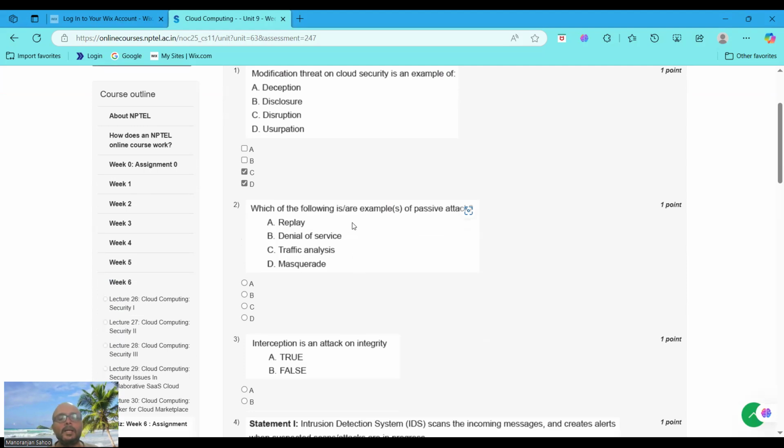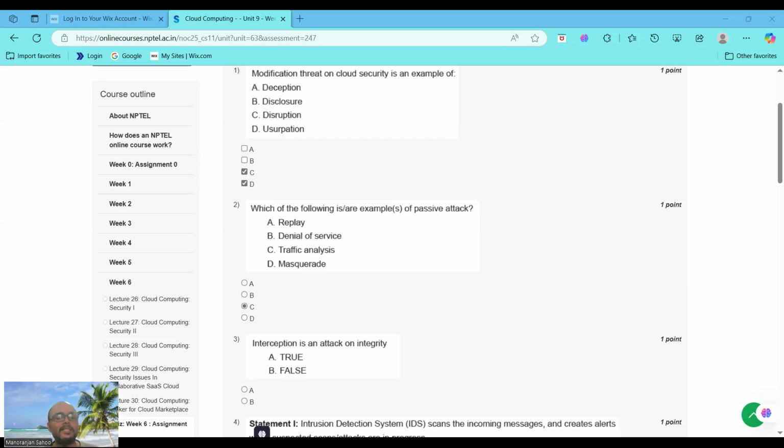Which of the following is or are examples of a passive attack? Not an active one, so what is a passive attack? Here it is traffic analysis. What happens in a passive attack? It involves monitoring and gathering information without altering system resources.